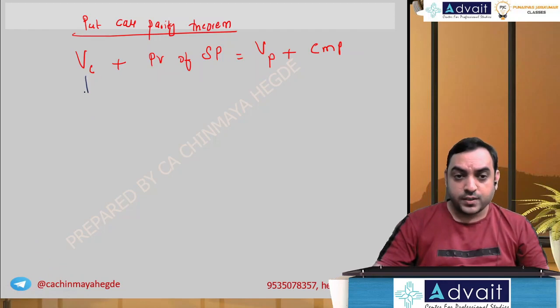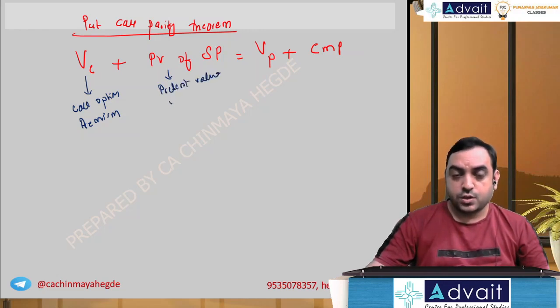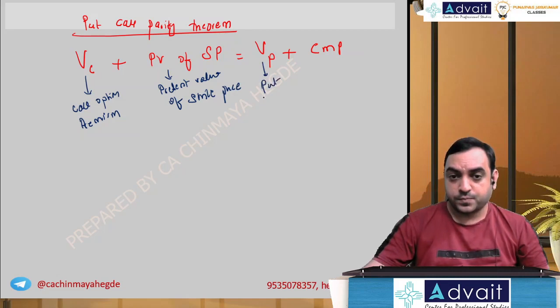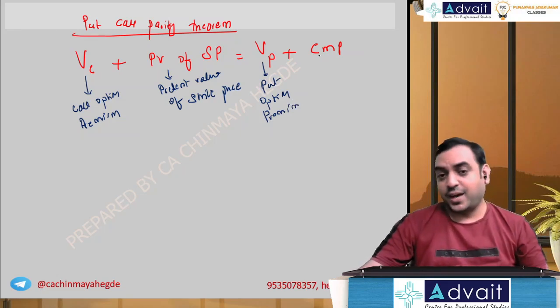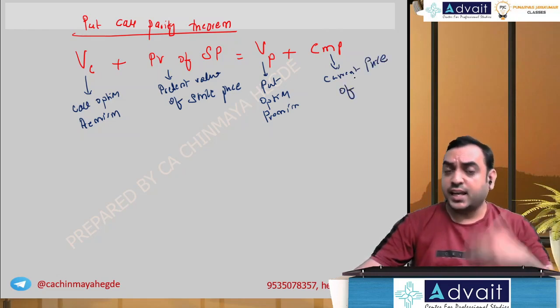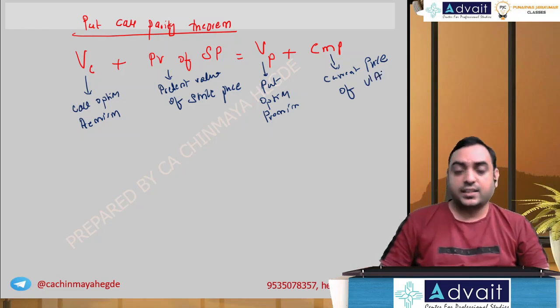So value of call is the call option premium, PV is the present value of the strike price, the exercise price, and value of put is the put option premium, and the current price of the underlying asset. All of them should be on the same underlying asset, same expiry.